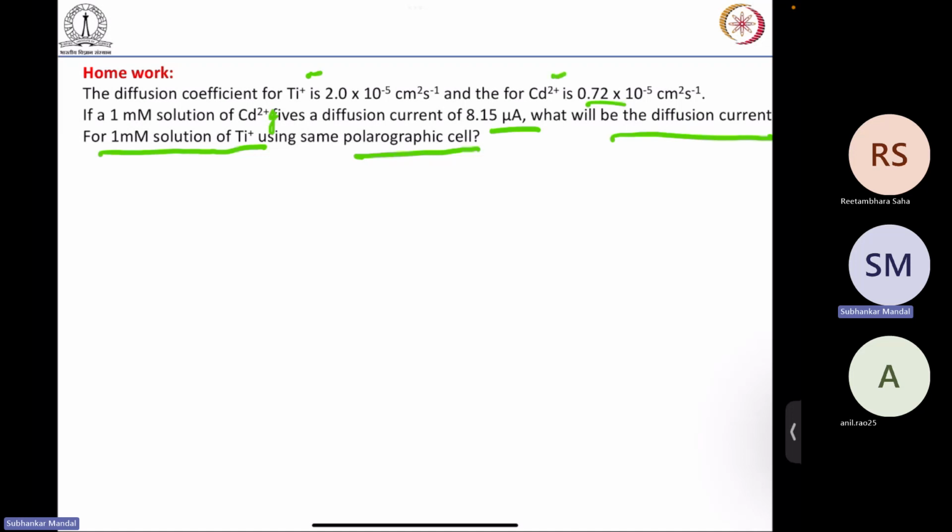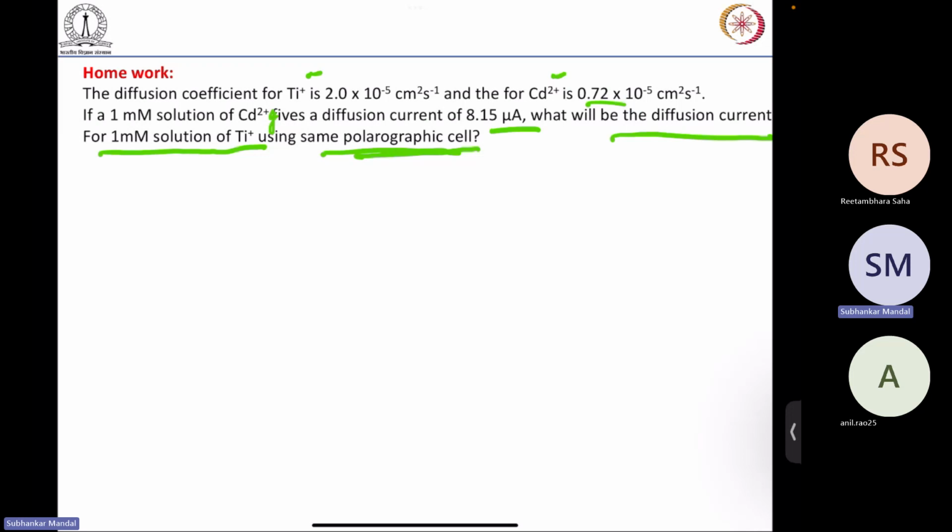I think it won't be so difficult. You have to calculate for both, as it is the same polarographic cell, so all the cell constants will be the same.